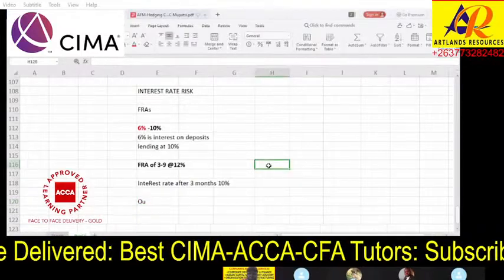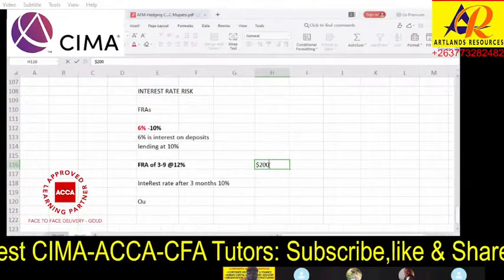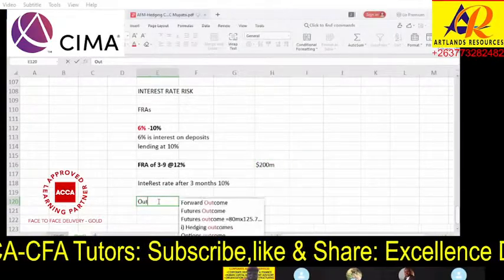Let's say the loan was a $100 million loan, or the loan was 200 million. These are the outcomes from this particular forward.